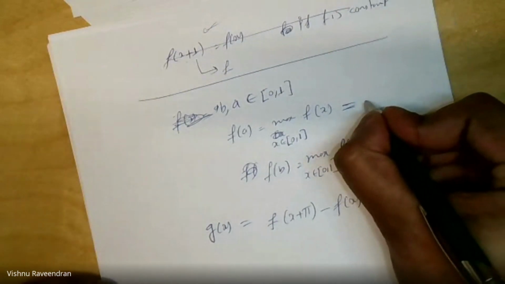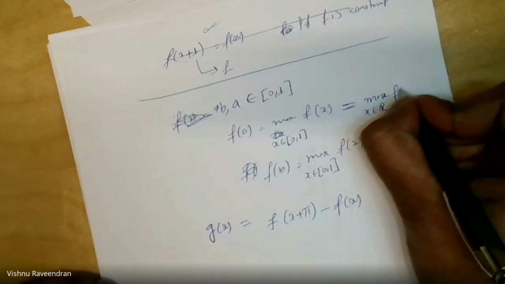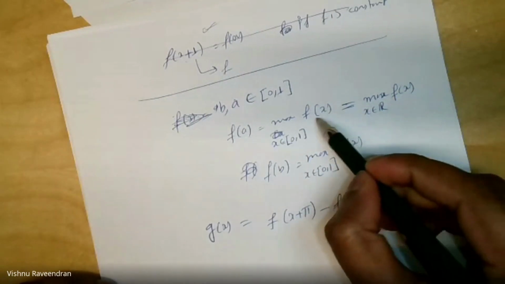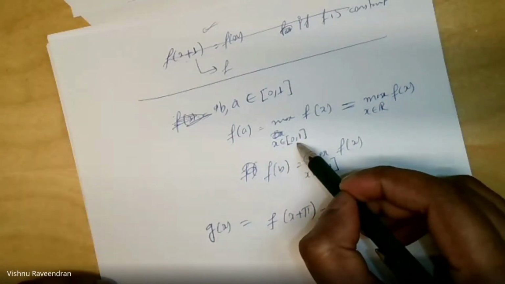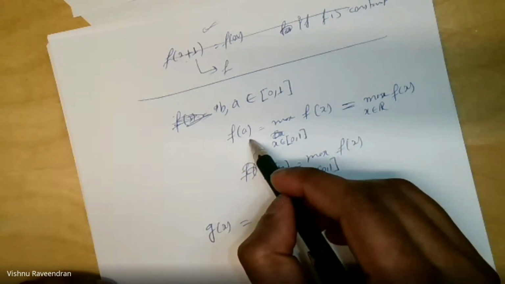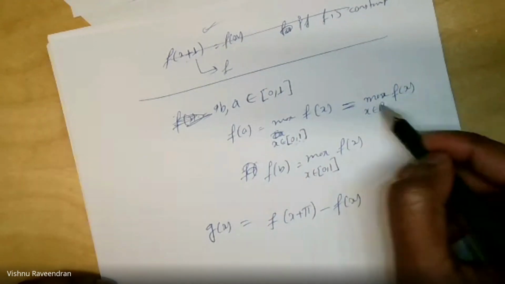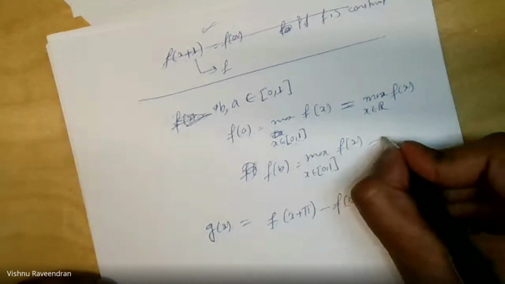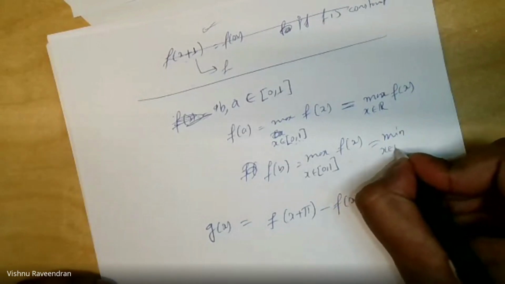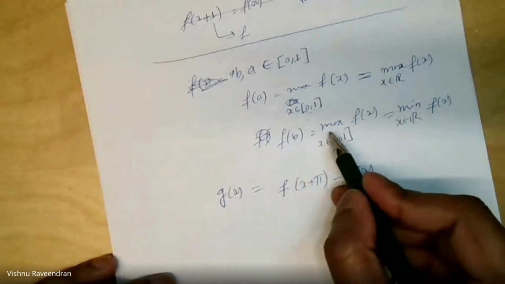We can write it as the maximum over x an element of R of f of x, because this function repeats and has period 1, so the maximum value attained in the closed interval 0, 1 will be the same as the maximum value over the whole real line. Similarly, the minimum over x an element of R of f of x is also f of b.